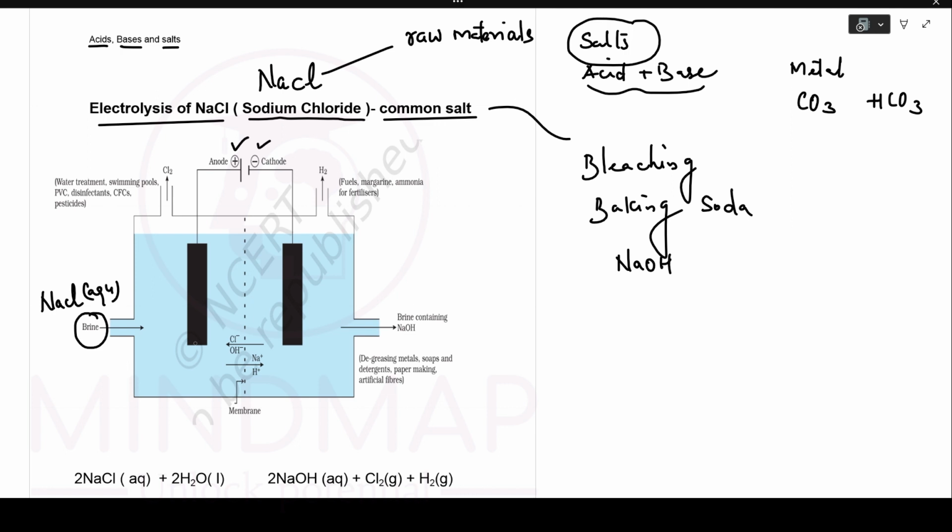Now when the electricity is passed through this aqueous solution of NaCl, the brine, it dissociates into NaOH and two gases are released. One is chlorine at the anode end, and the second one is the hydrogen gas that is released near the cathode end.